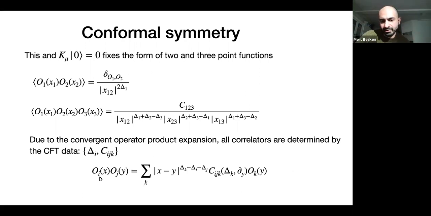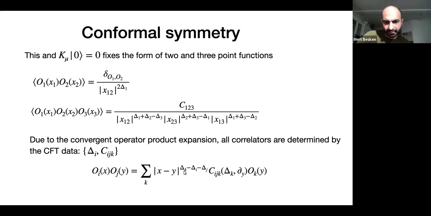But in general, for general CFTs, they are just abstract local operators. When you multiply these two operators, on the right-hand side you'll have, in principle, the entire spectrum appearing. There is a sum over K here, a sum over the entire spectrum of the theory, all the operators that appear in your theory.